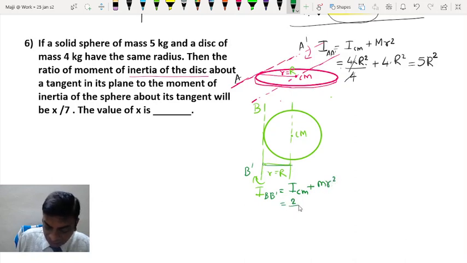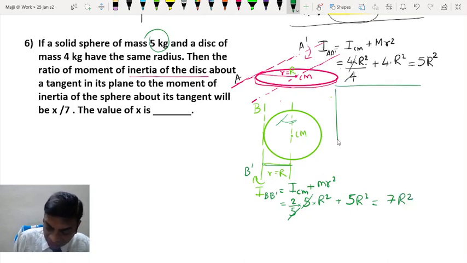Here this will be 2 by 5 m r square. Remember, the mass of the sphere is 5 kg, plus m is 5 into r square. So this we have 7r square.